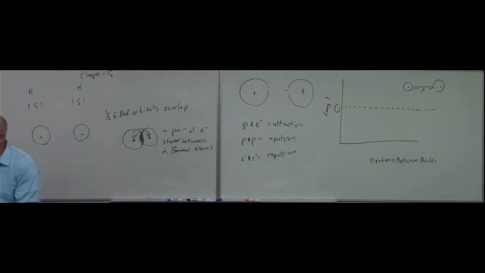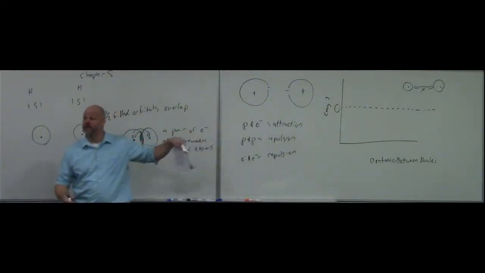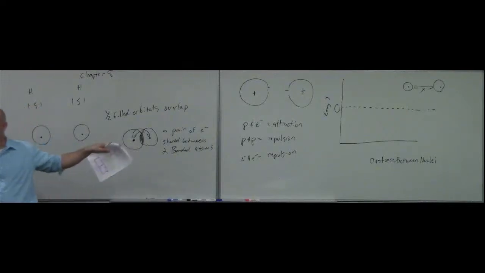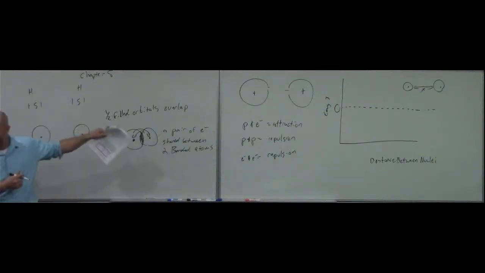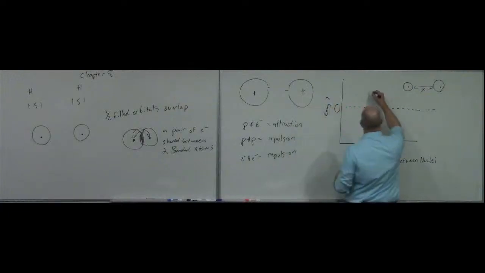And if I want to break the bond, I'd have to add energy to pull them back out. Okay? So the energy of the bond formation, if it's spontaneous, which this one's going to be, is actually going to be negative, right? Any spontaneous reaction always has a negative energy, right? So I'm going to have some point over here where I'm in a stable bond between these two things, right?